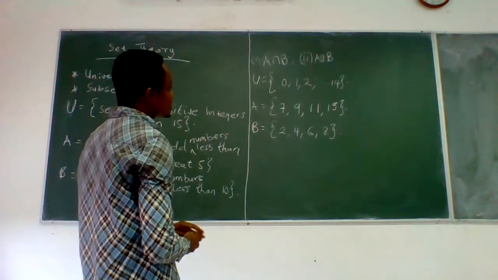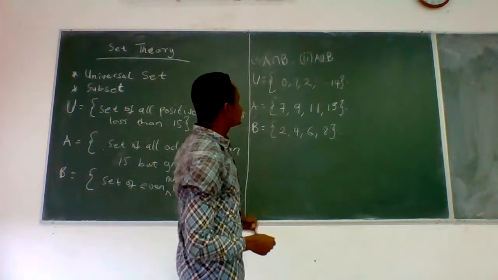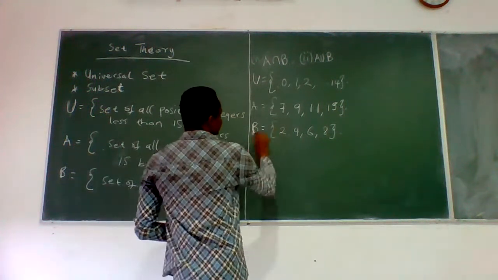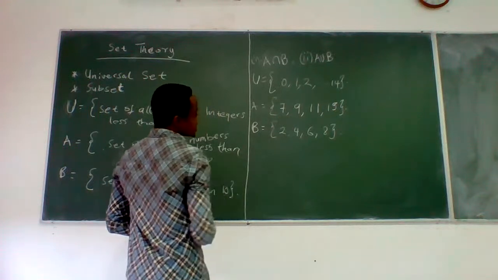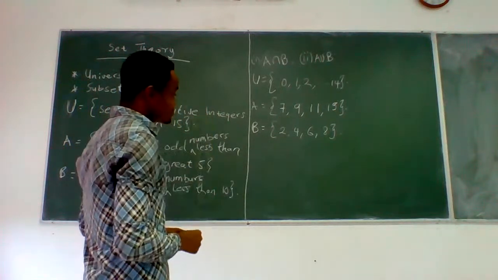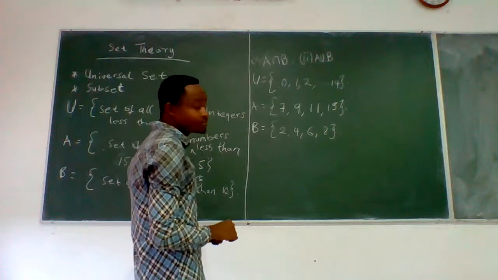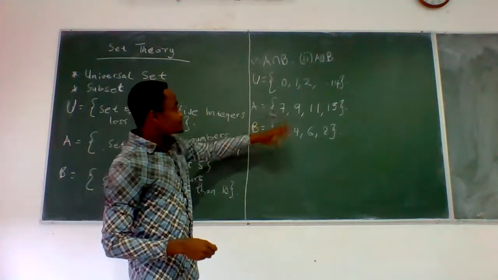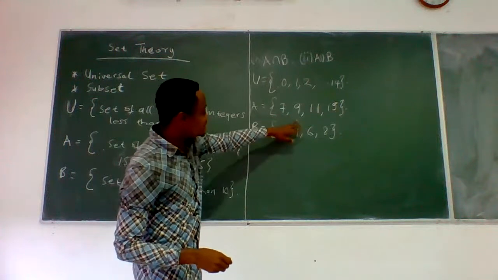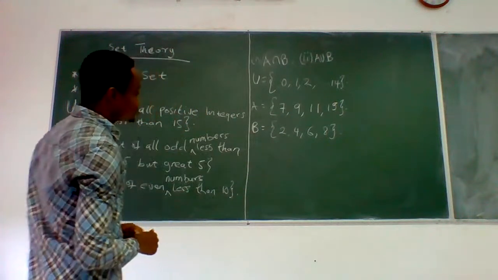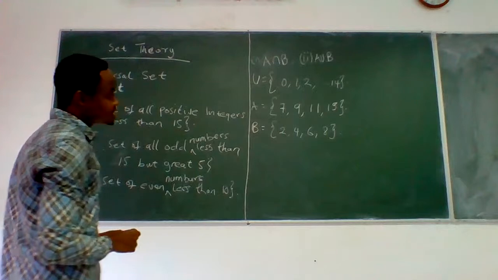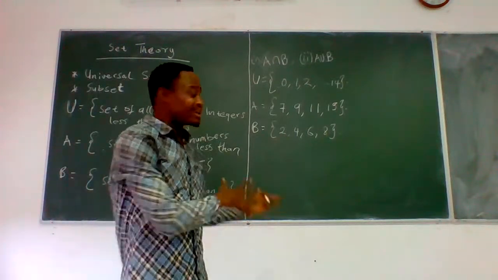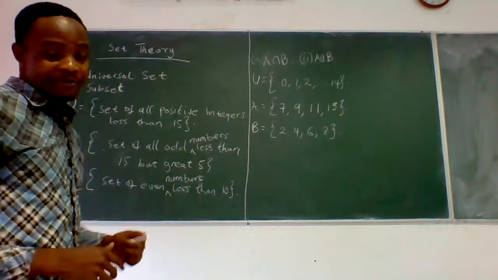So when you're asked to find A intersection B, it means the elements that appear in both sets, A and B. Do they have any element in common? Anyone with an idea? The answer is no, because we don't have a number that is both even and odd. They are distinct.